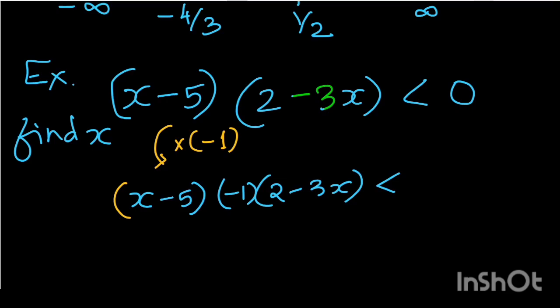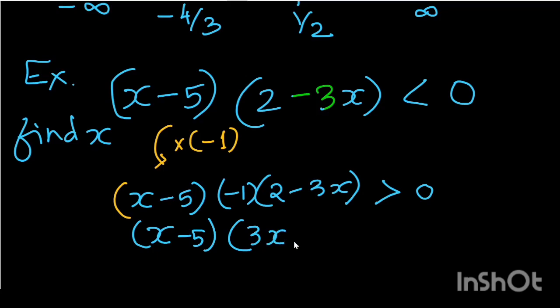In the next step, since minus 1 is multiplied, the sign is reversed and this becomes greater than 0. The minus 1 is multiplied to this linear factor, and minus 3x becomes plus 3x, plus 2 becomes minus 2, and the sign becomes greater than 0, and so on. You can solve.